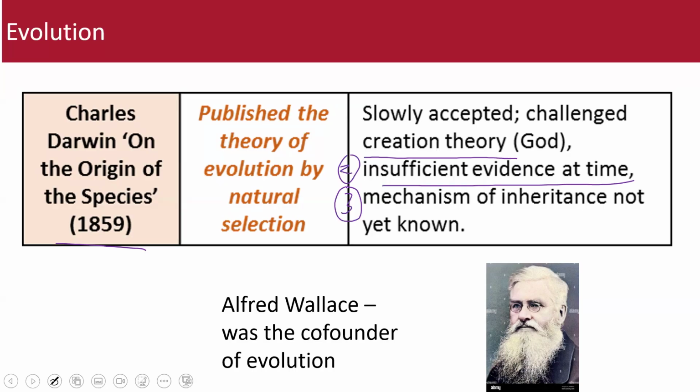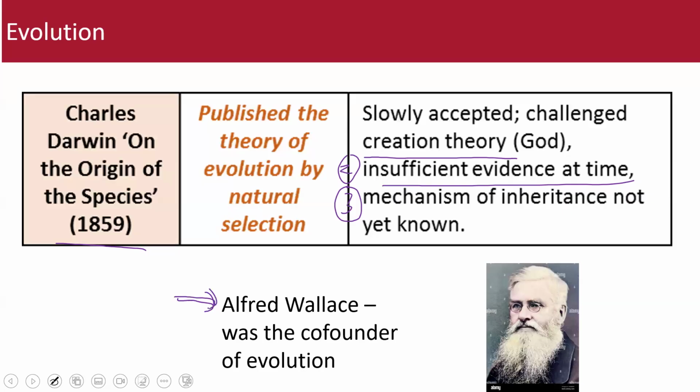Now, on the syllabus, he's never come up. He came up on a separate exam about 2 years ago, I think. There's also another guy called Alfred Wallace that nobody's ever heard of. He was around at exactly the same time as Charles Darwin, and he came up with exactly the same theory. Okay? So it would not surprise me if they start talking about Charles Darwin and his theory of evolution.